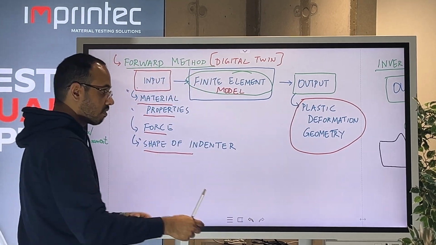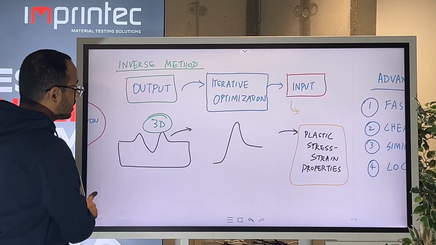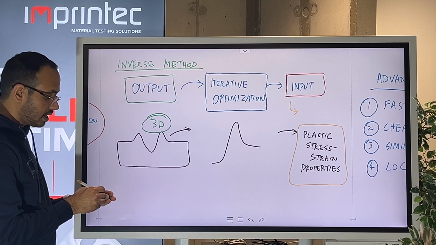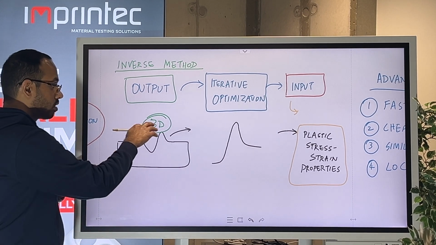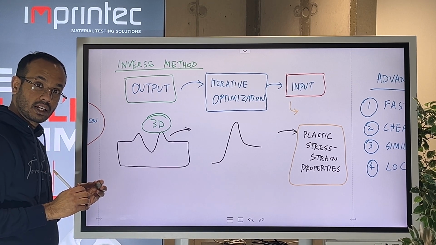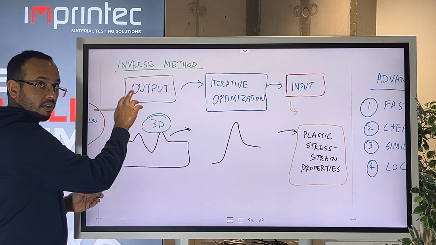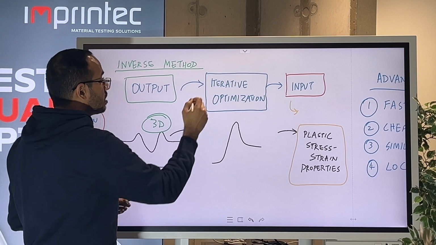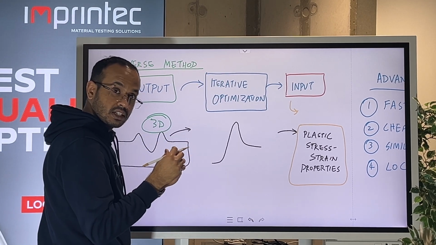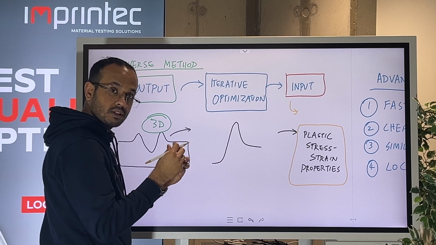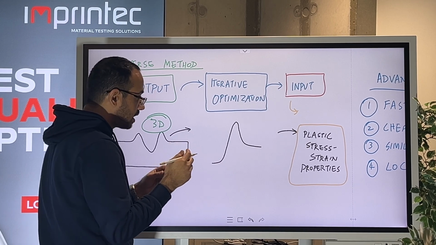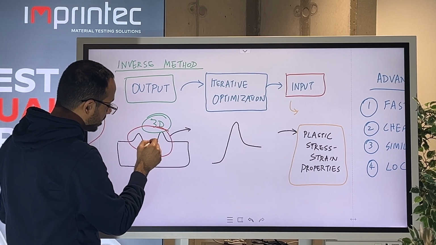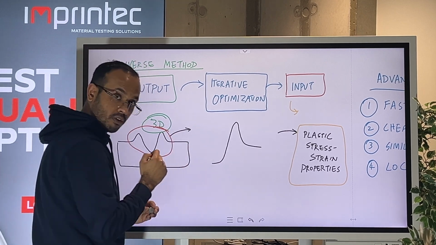Now look at it the other way around. You have, experimentally, a plastic deformation that you are able to record using a 3D sensor. You have an iterative optimization procedure where it can change some input parameters in the digital twin. Let's consider this residual indentation geometry in terms of a profile.